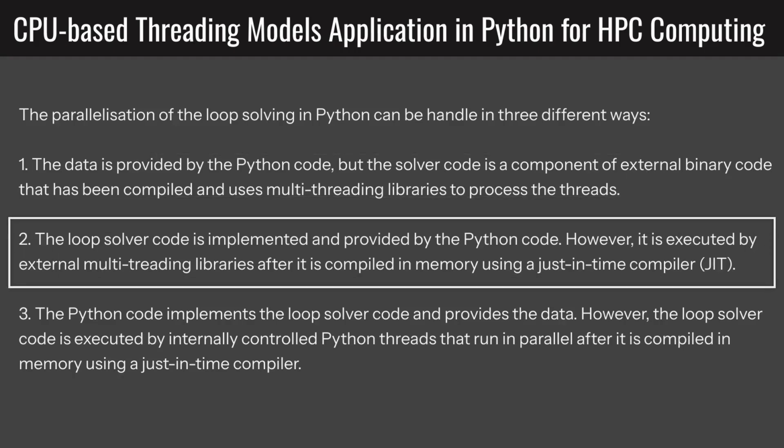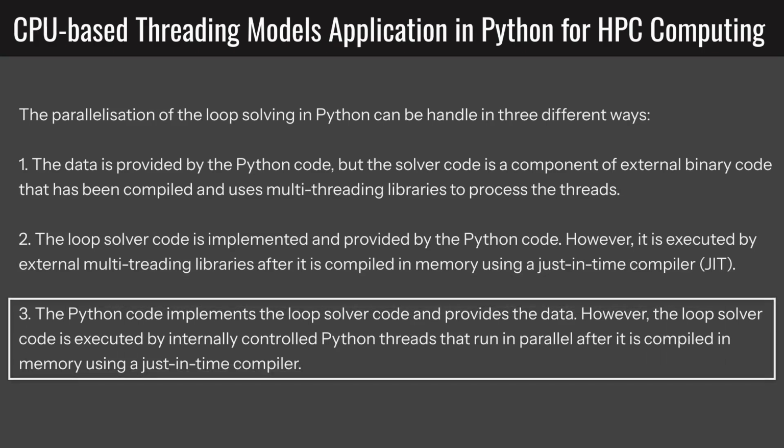However, it is executed by external multi-threading libraries after it is compiled in memory using a just-in-time compiler, JIT. 3. The Python code implements the loop solver code and provides the data. However, the loop solver code is executed by internally controlled Python threads that run in parallel after it is compiled in memory using a just-in-time compiler.